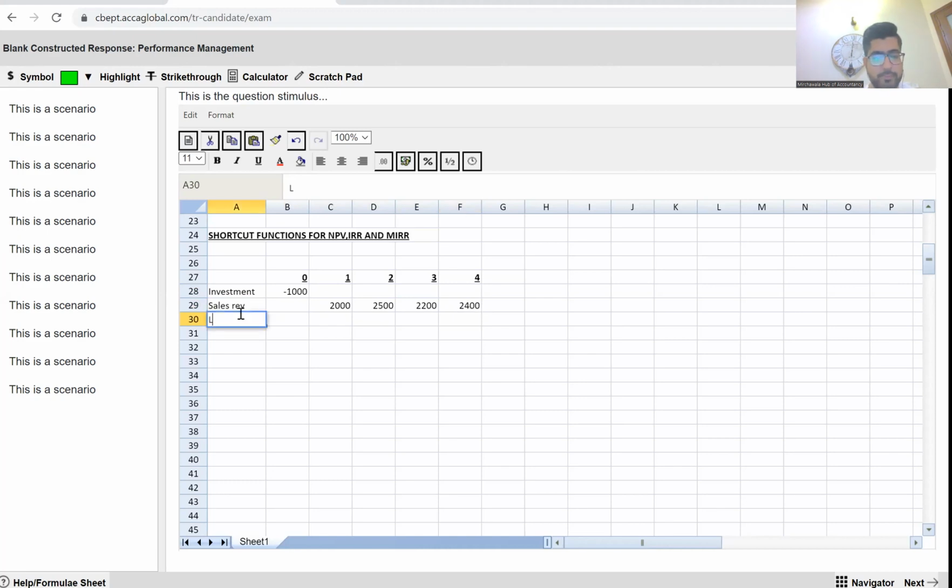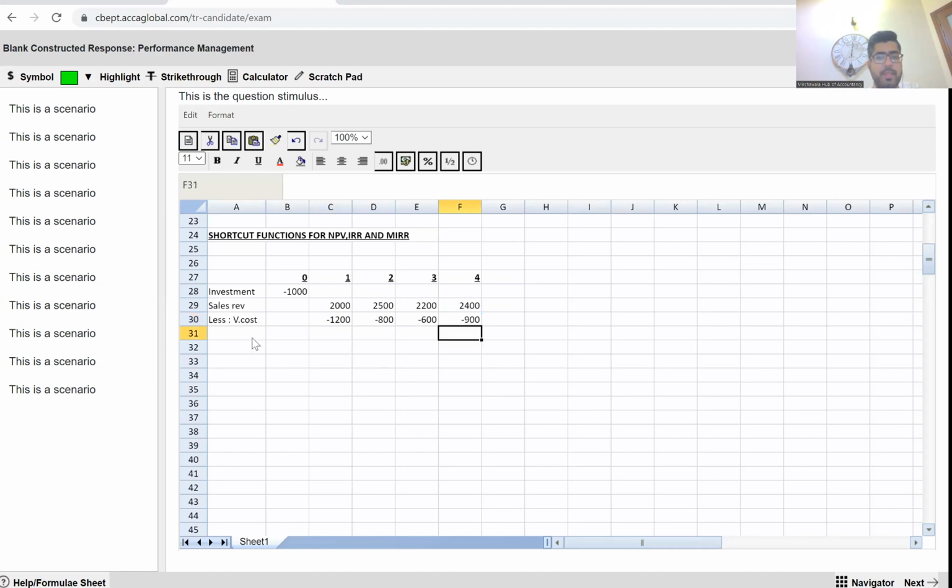Now, from revenue, you deduct variable cost. It's an outflow, right? So let's suppose year 1 variable cost is 1,200. Year 2 variable cost is 800. Year 3 variable cost is 600, and year 4 variable cost is 900.